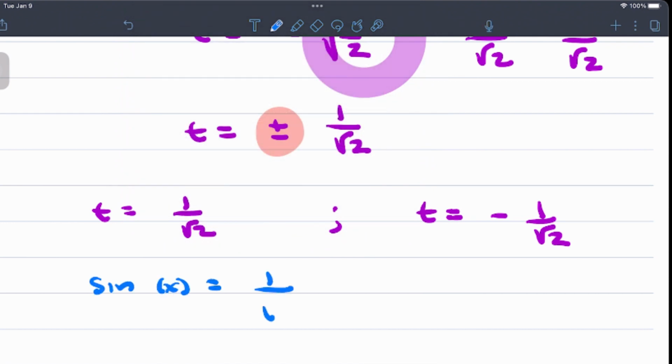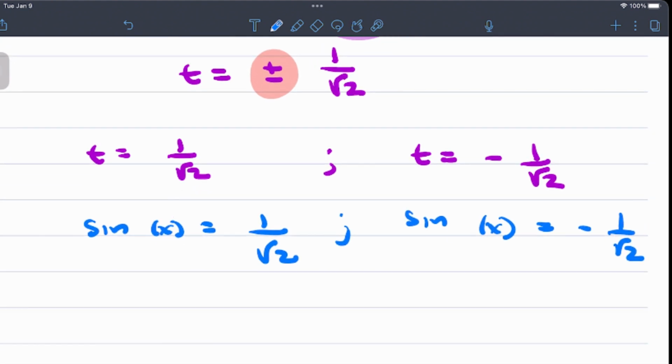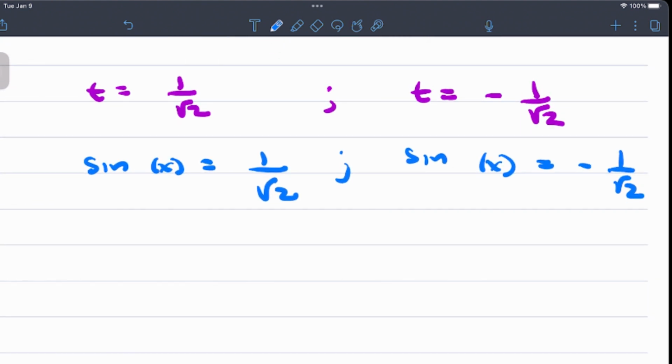So sine is 1 over the square root of 2, and sine is what? Negative 1 over the square root of 2. So ladies and gentlemen, this is what the algebra is going to give us. It's going to give us multiple solutions here. Now remember, this is find all solutions, so we've been doing that. Okay. All right, you guys okay with that?